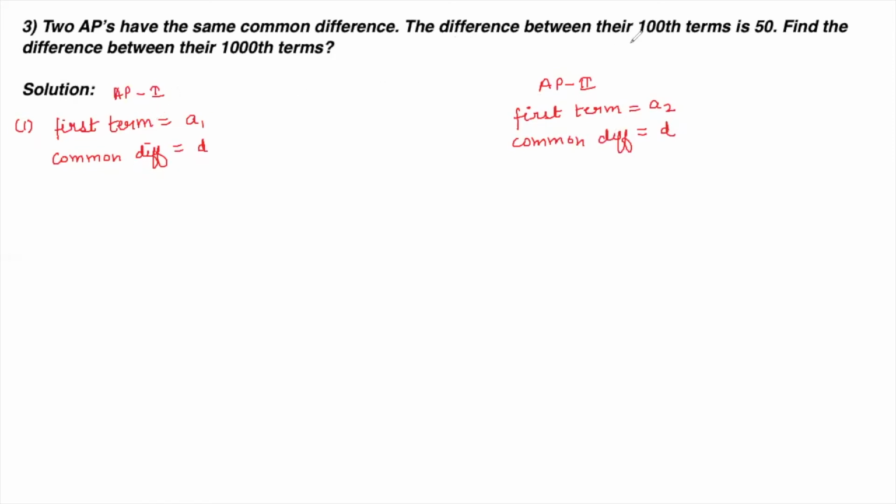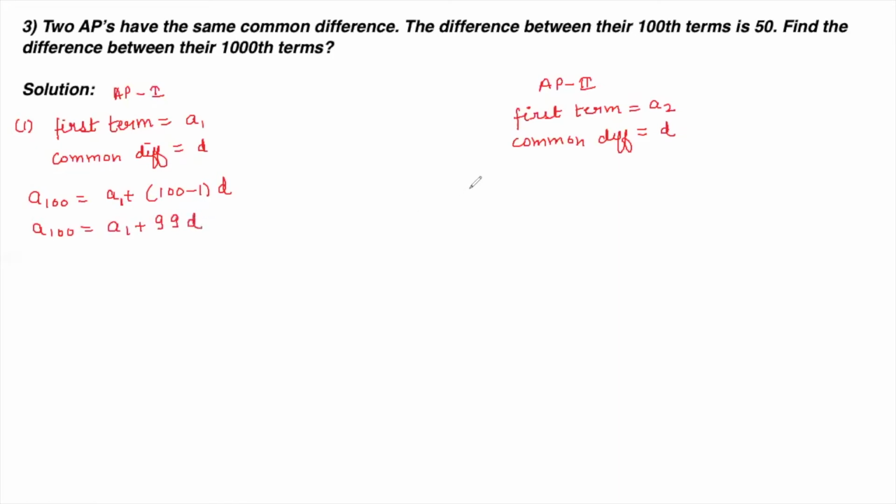Now the difference between their 100th terms is 50. So we'll write the 100th term for AP1. What would be the 100th term for AP1? It would be A plus (100 minus 1)D, sorry, it would be A1. So A100 is equal to A1 plus 99D.